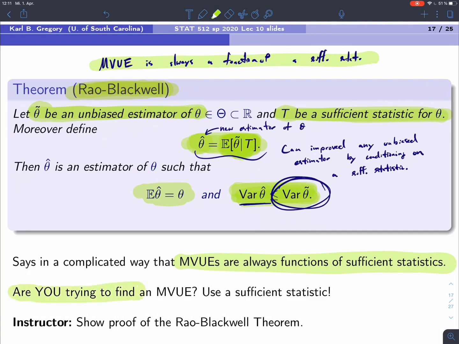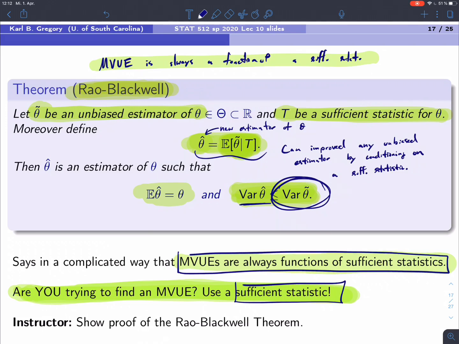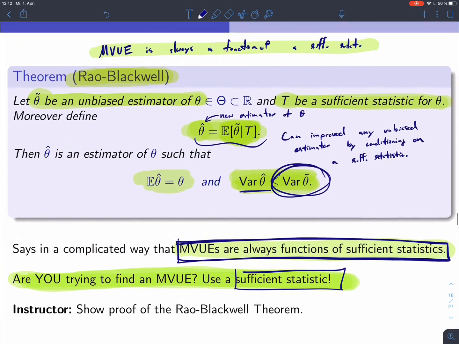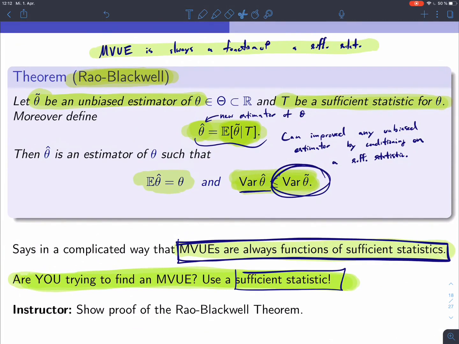Really just this. If we're trying to find the minimum variance unbiased estimator, what we should first find is a sufficient statistic for the parameter of interest. And then we just need to find a function of that sufficient statistic which is unbiased for the parameter of interest. All right, so let's prove this kind of strange looking theorem.